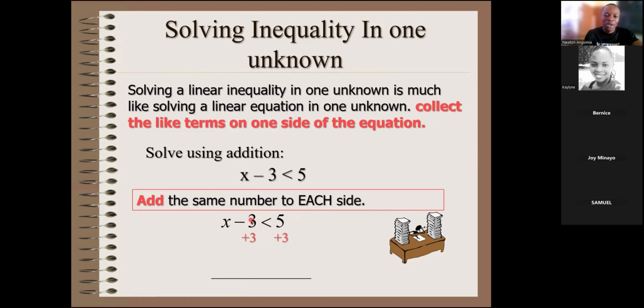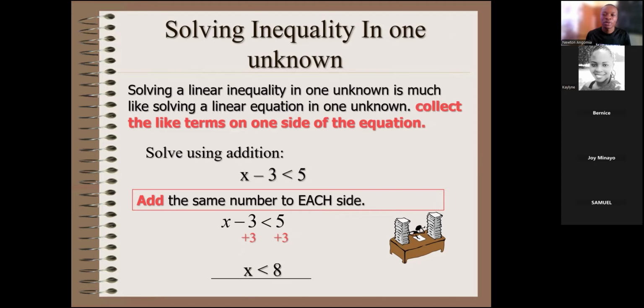And therefore, when it jumps the inequality symbol, its sign changes from negative to positive. That will give us x is less than 5 plus 3. And you already know what our answer becomes: x is less than 8.